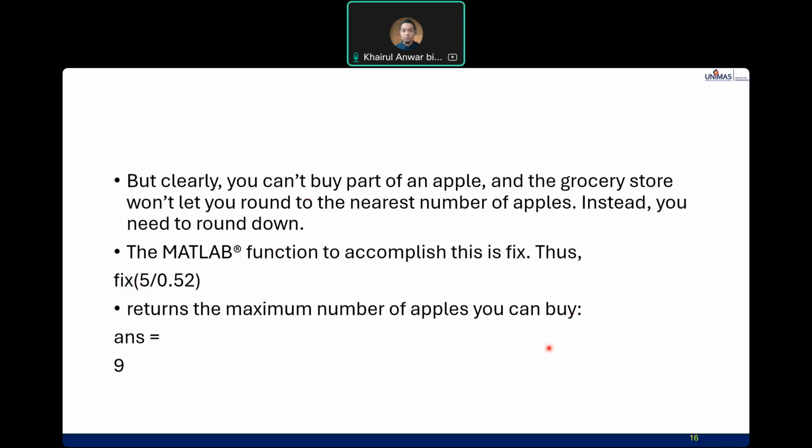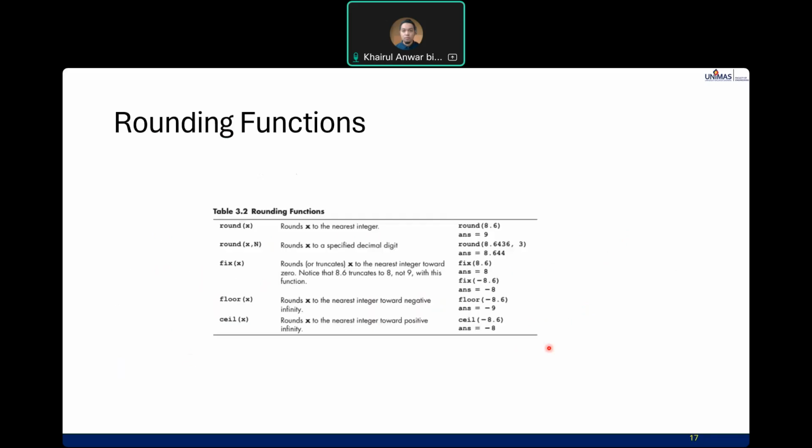Some examples of the rounding functions. There are 5 commands for rounding. round(x) rounds the number to the nearest integer. round(x, n) rounds to a specified decimal digit, for example here, 3 decimal digits. fix(x) rounds or truncates x to the nearest integer toward 0.